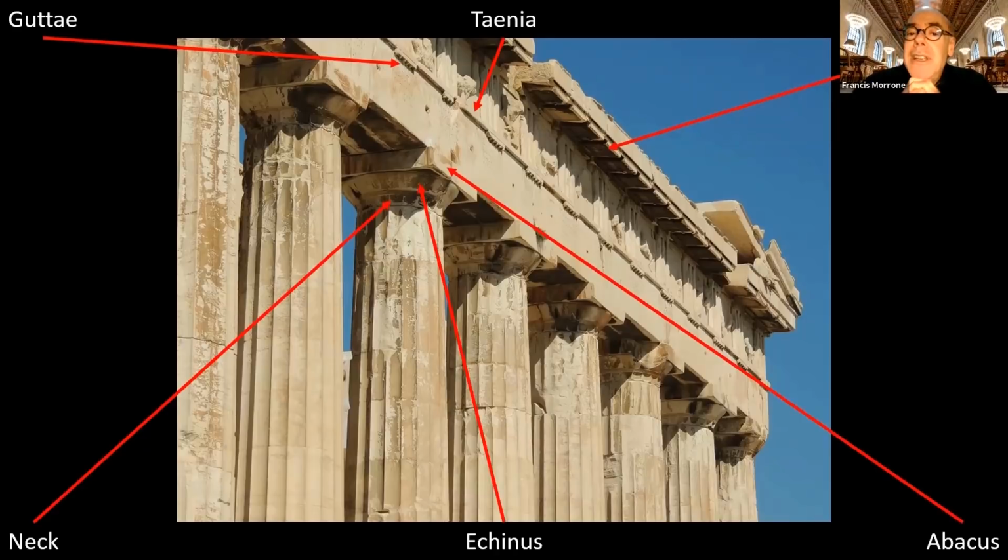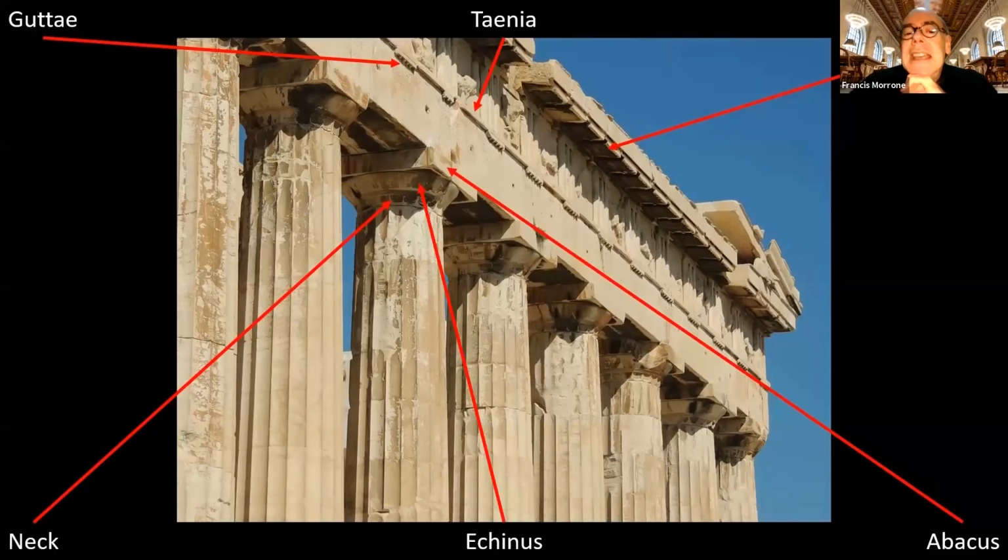And then in the entablature, right underneath the frieze, you always see these things in architecture, and people tend to use the all-purpose word doohickey to describe these things.